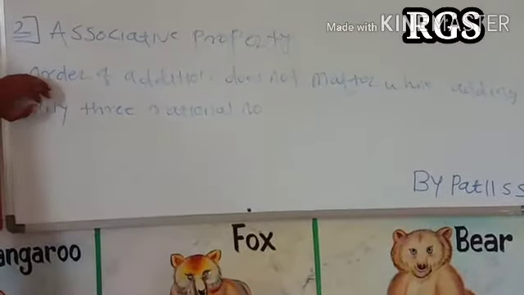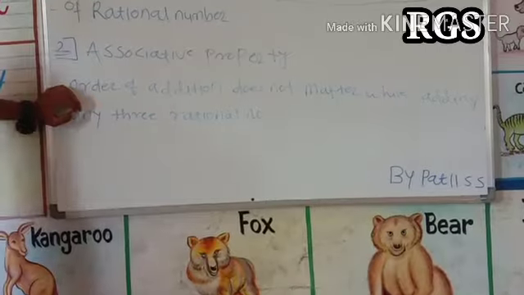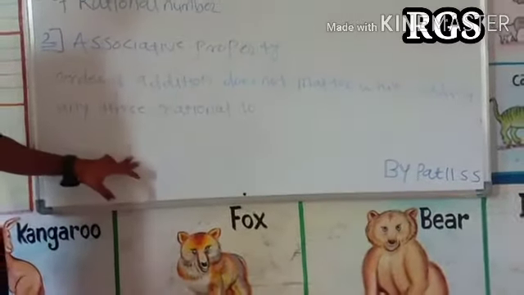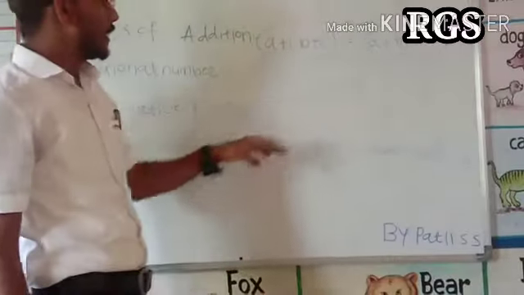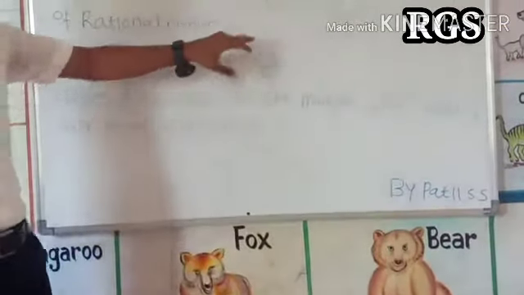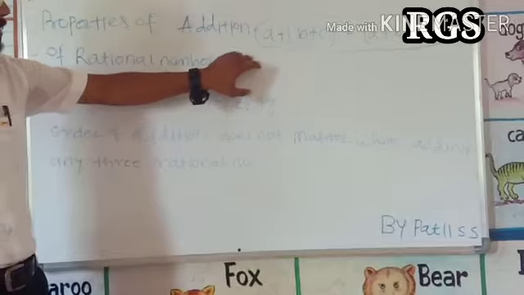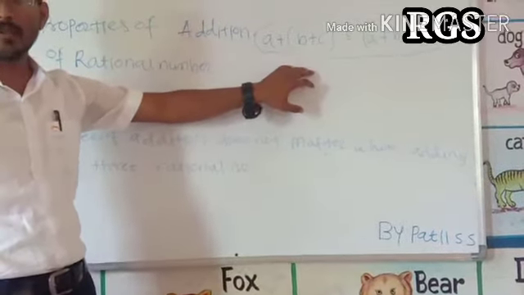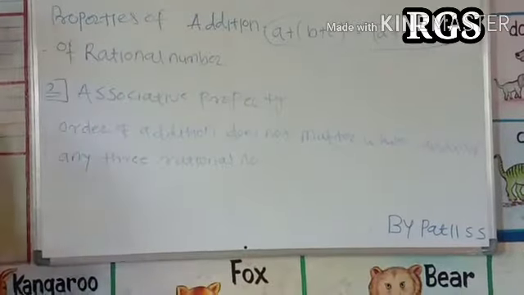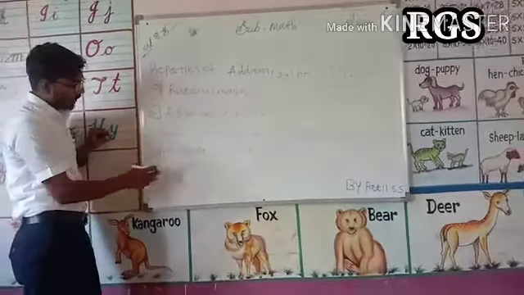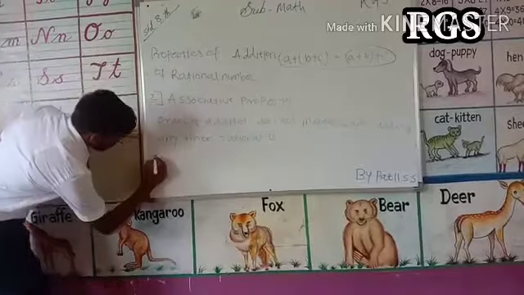Order of addition does not matter. If we are given three terms, that is A, B, C, there is no change. When we add these three terms in any order, we will get the same solution. This associative property says order of addition does not matter while adding any three rational numbers.